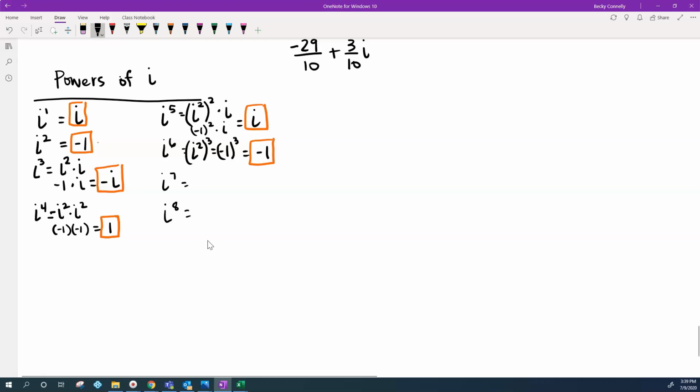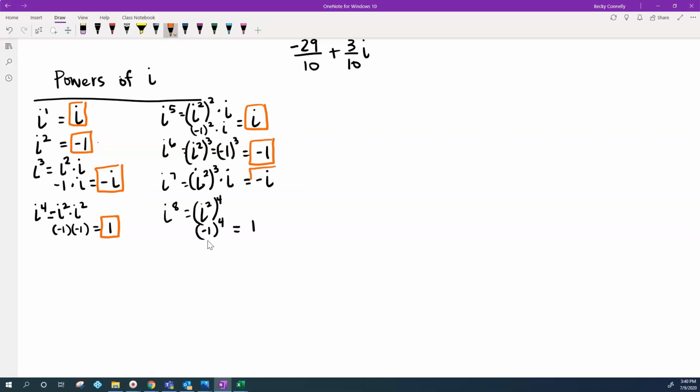I to the 7th would be i squared to the 3rd times another i, because that's i to the 6th times i. So that's going to give me my -i. And then i to the 8th would be i squared all raised to the 4th power. Well, -1 raised to an even power is just going to give you a +1.